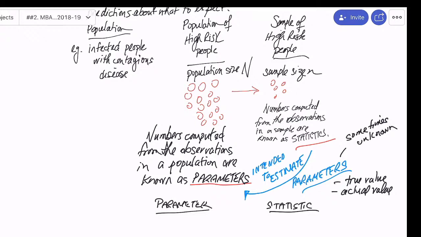So an example of a statistic would be the sample mean. Now, I'm being very precise here, and you'll see people are not so precise when they write reports or when they make statements. But if it comes from a sample, any mean or average is a sample mean. Okay, so that's the promedio in Spanish.